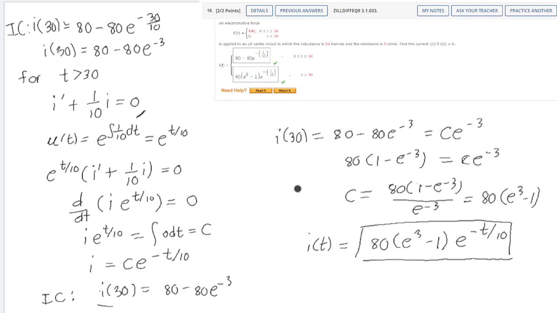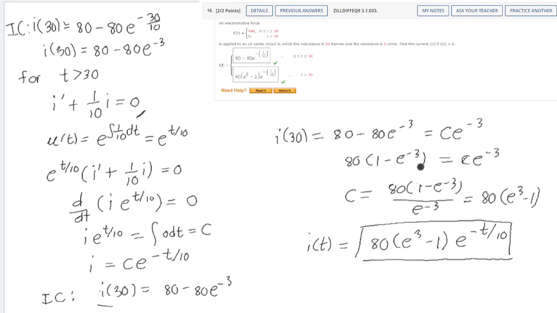Now, this comes from here. If we substitute 30 here, we arrive at c e to the negative 30 over 10, which is negative 3. That's why we have it here.